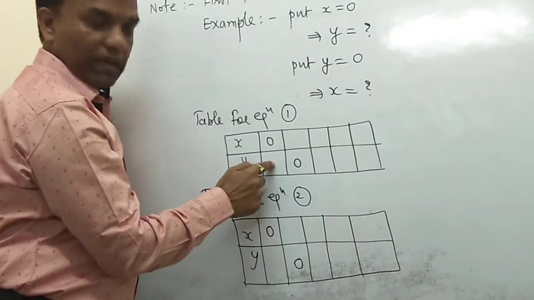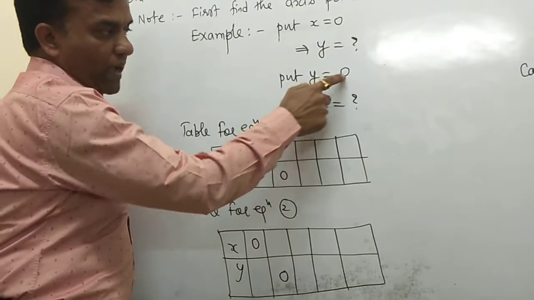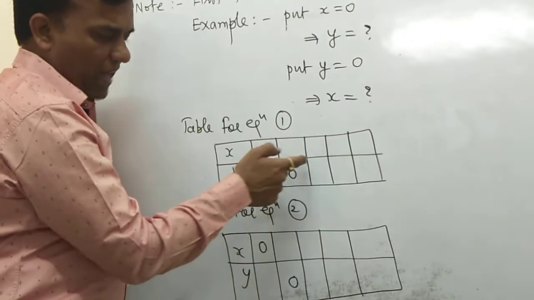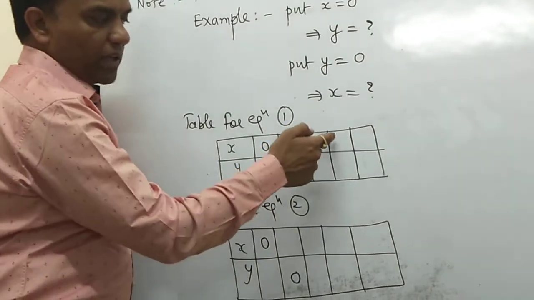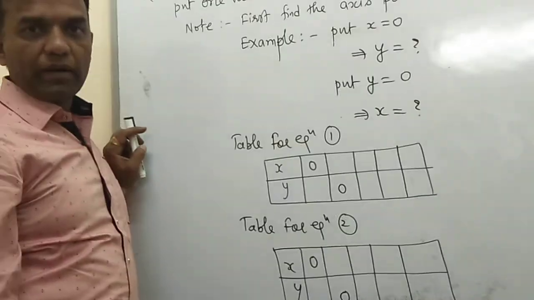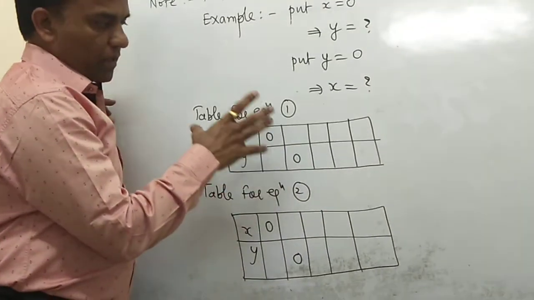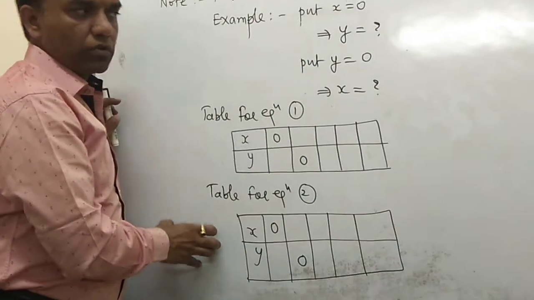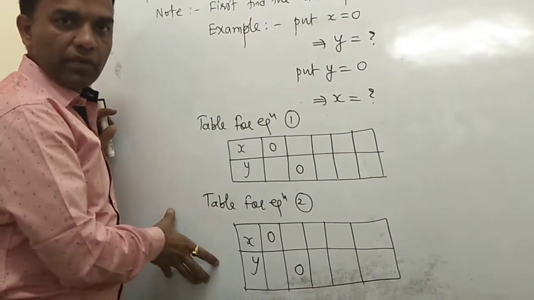Similarly, you put y equal to 0 and write down the value of x. Then you put x equal to some other values, at least 2, meaning more than 2 values found in the table. Do the same process for both equations.